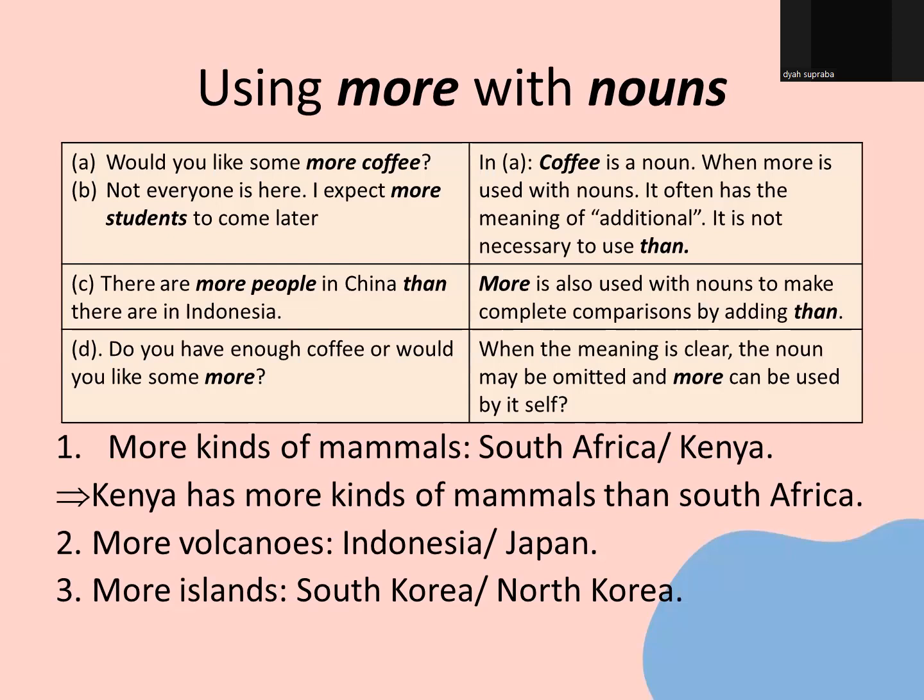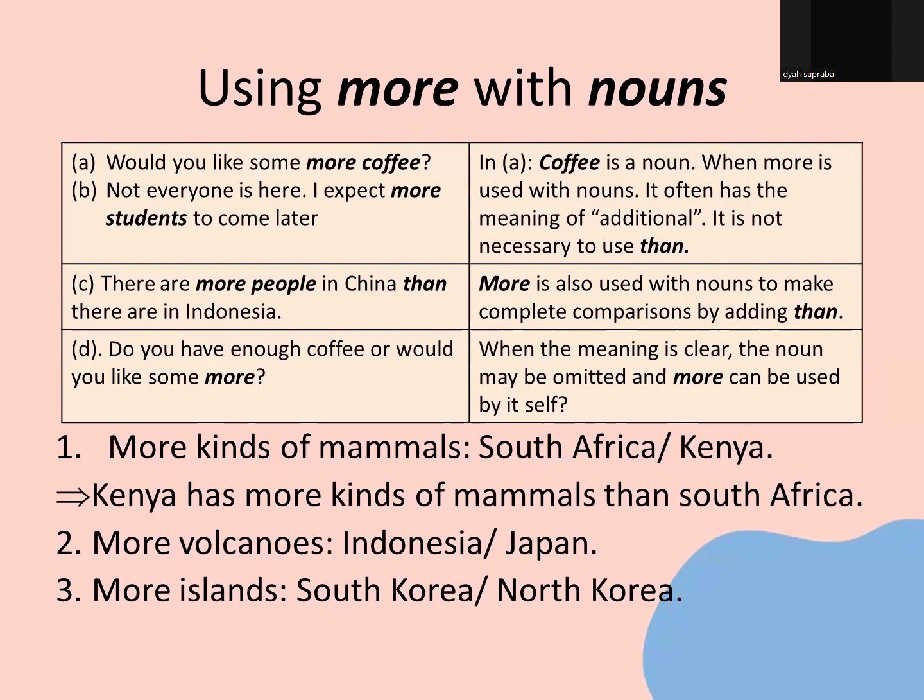And sometimes we use more with nouns. Would you like some more coffee? Not everyone is here. I expect more students to come later. Or something else, for example, like this. Rafi has more cars than Atta.